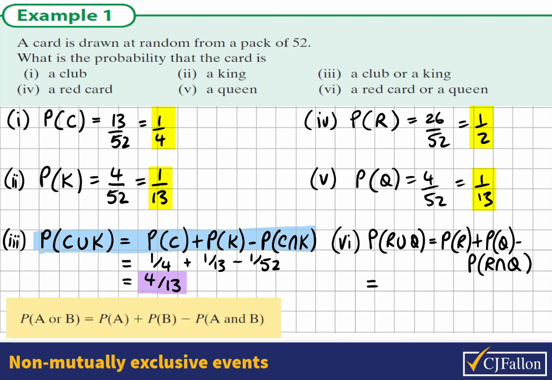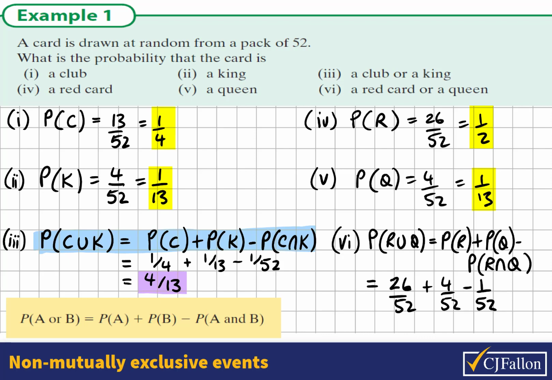So the probability of it being red, I'll leave it all over 52 just to make it easier, 26 over 52. Of it being a queen, that's 4 out of 52. And of being red and a queen, that's the same question as last time really. That's 1 out of 52 I'm subtracting.